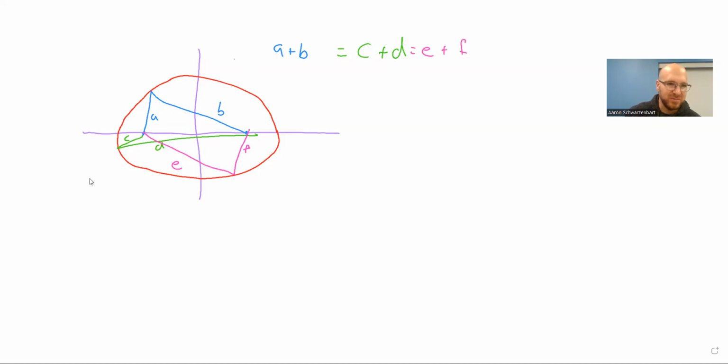Let's do one more, G and H. So the sum of my distances is equal. Okay. That's the definition of an ellipse.